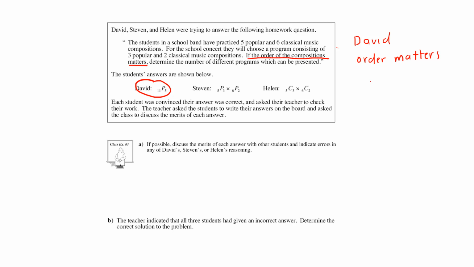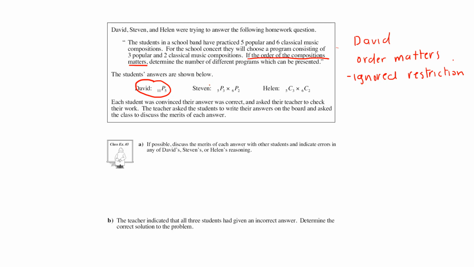He just put them all together. He says, we've got 11 songs, and we're going to pick 5 of them. So he ignored the restriction. If we're looking for more positive things to say about David, he added well: 6 plus 5 is 11.